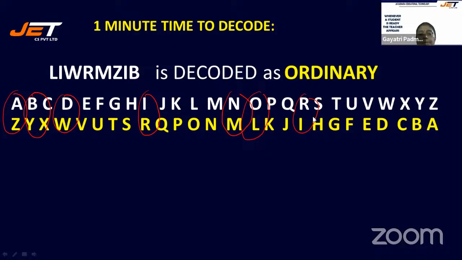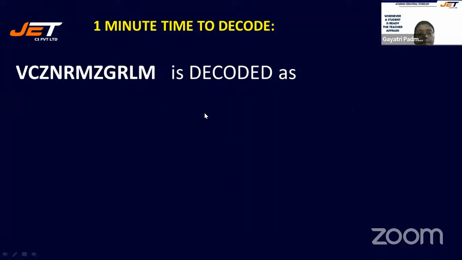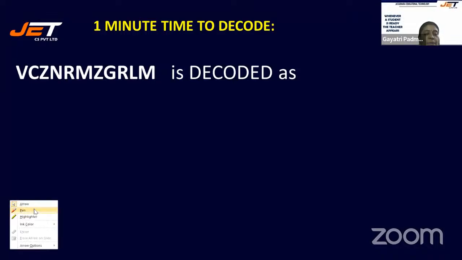So it is O, R, D, I, N, A, R, Y. That is B is Y. So it is ordinary. Fine? Yes. Right. So we have another one to be decoded.